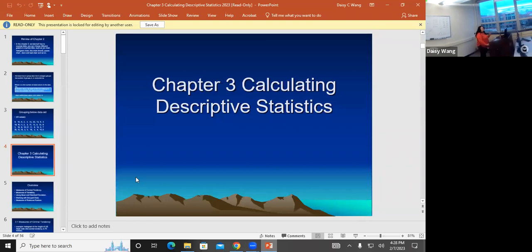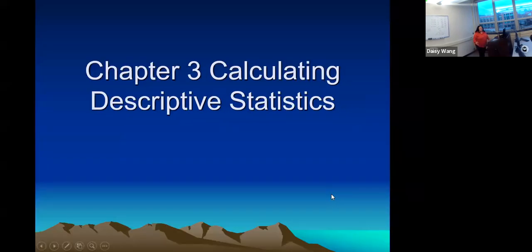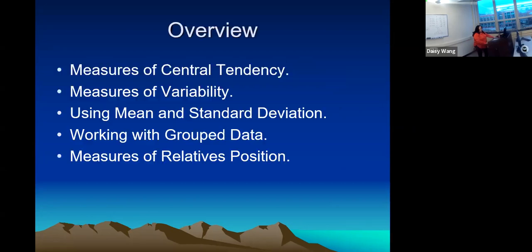So now, in chapter 2, we showed you how to summarize the descriptive statistics. Now we need to calculate the descriptive statistics.